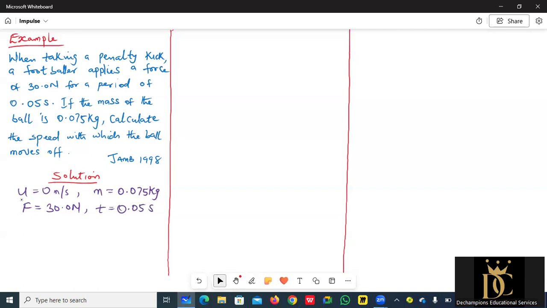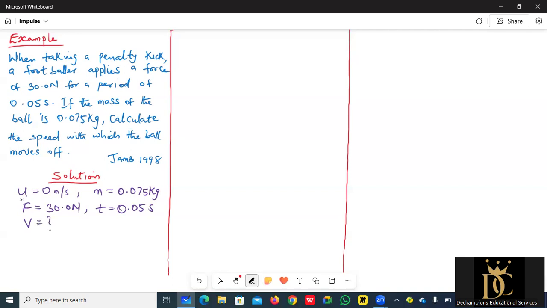Now the question asks you to find the speed with which the ball moves off. And that is the final velocity. V is not known.